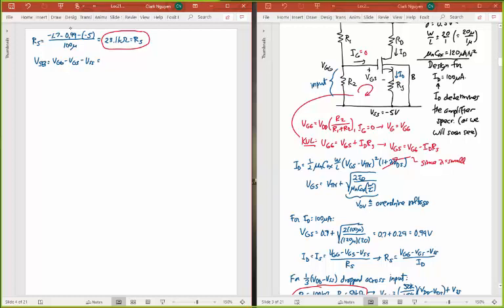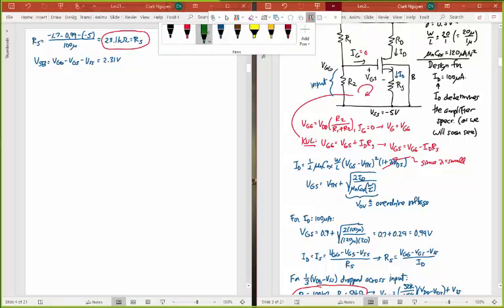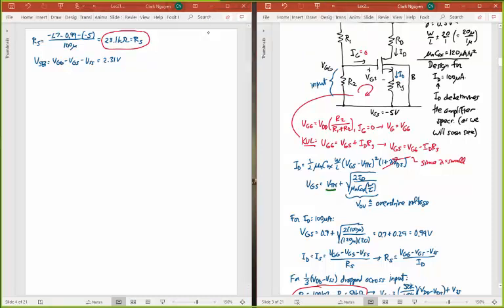And that thing up top was 2.31 volts. Okay, so I have a VSB of 2.31 volts. But remember, the voltage that I use for VGS, this VTN right here, I'm on the right side, this is a function. Let me switch to another color here because I'm about to go into another iteration.